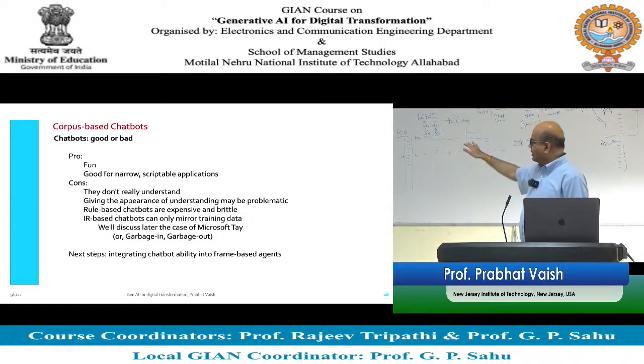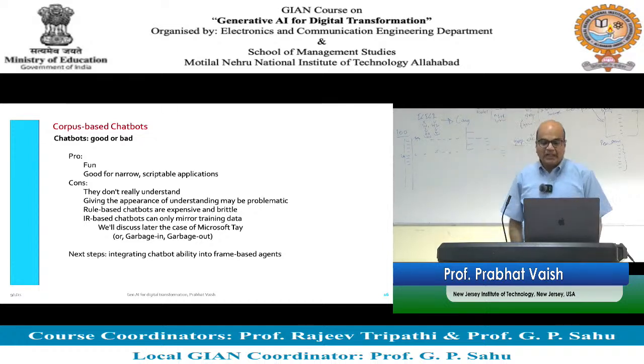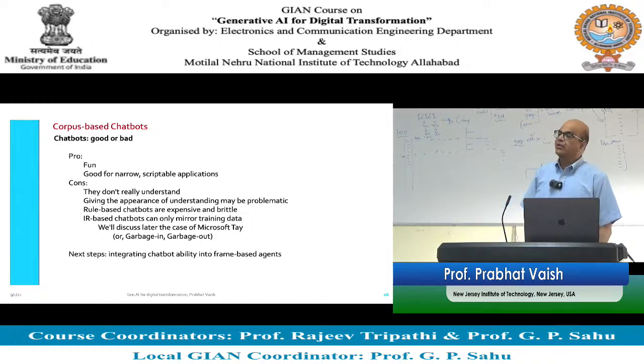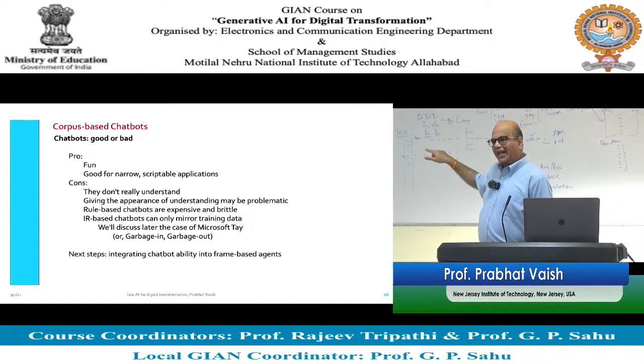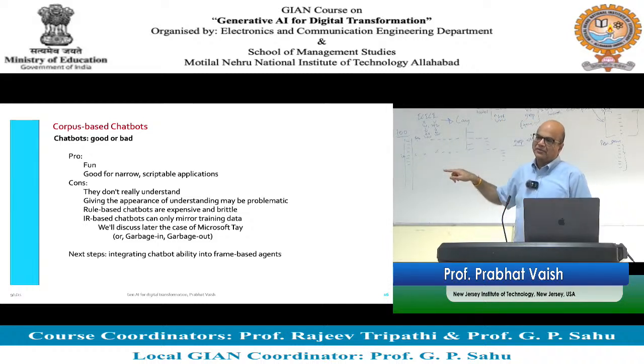Expensive, brittle, sometimes they can mirror training data exactly, garbage in, garbage out. Again, all the problems we talked about yesterday, because if you have a chatbot which is becoming an interface for your organization, someone who wants to sabotage your implementation or hurt your branding can train your chatbot to do things that you won't want it to do, right?